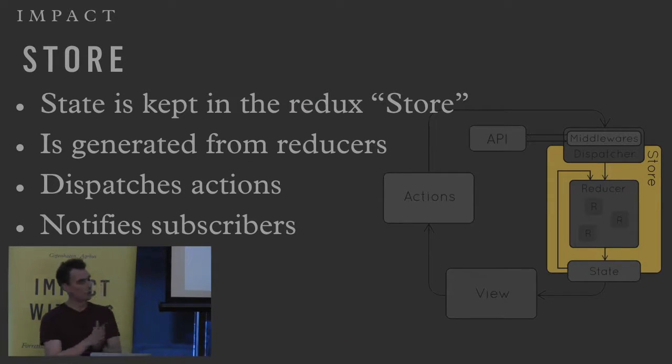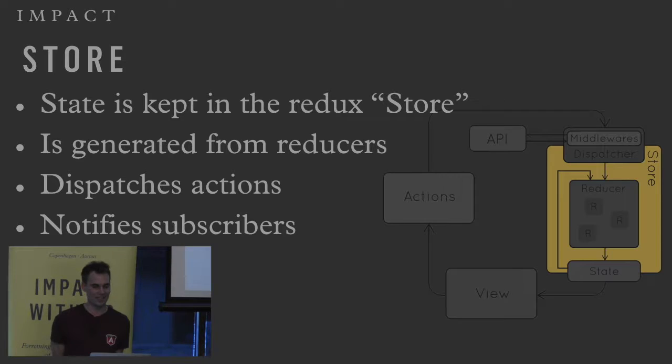So some terminology. To start out with, the store is the only variable in Redux that you'll actually interact with in your application. It's generated from reducers that you define yourself, and it's generated from a function in Redux that's very nicely called createStore.